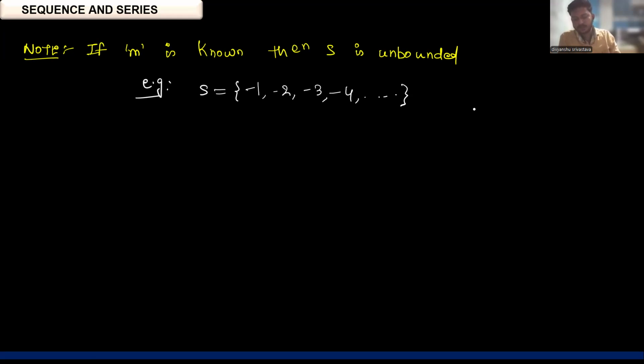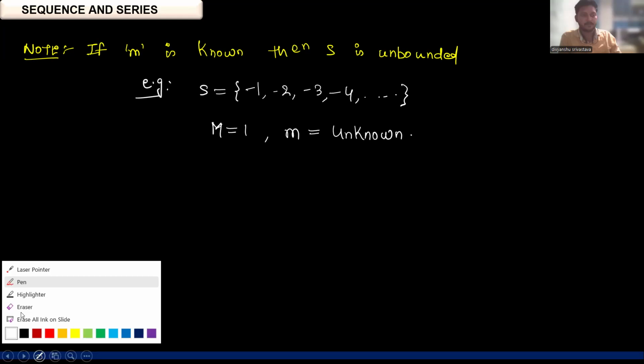So clearly capital M is equal to -1, and small m is unknown. Okay, so these are some notes about if capital M is known, then S is unbounded below. This is the kind of observation we got.